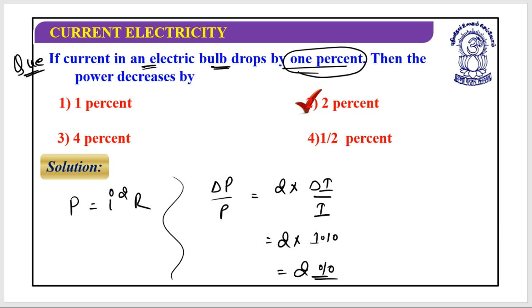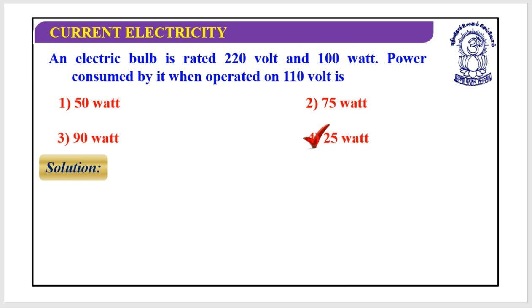That's it. You did it. Great job. Ready for the next question? What is the question saying? An electric bulb is rated 220 volt and 100 watt. Find the power consumed by it when it is operated on 110 volt.